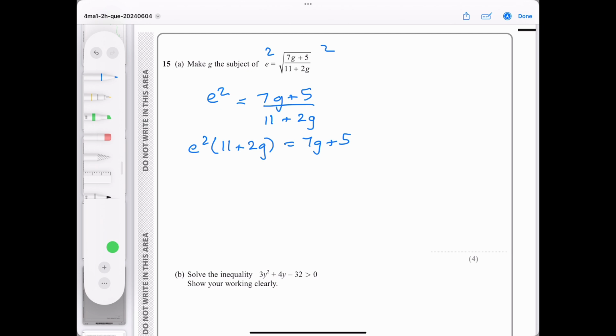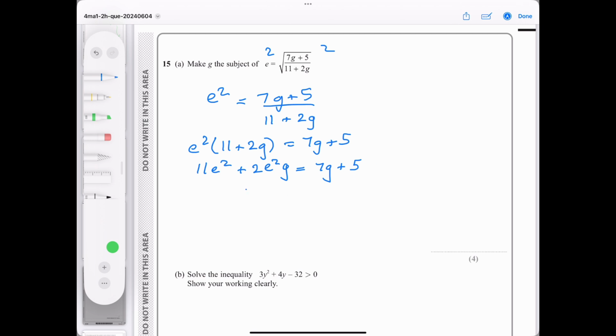Now we're going to expand the brackets: 11e squared plus 2e squared g equals 7g plus 5. Then we are going to try and get all my g's on one side.